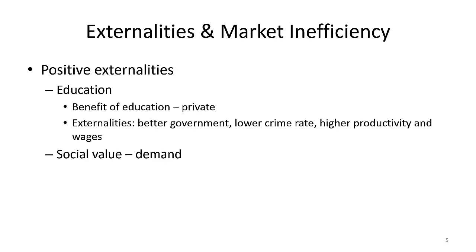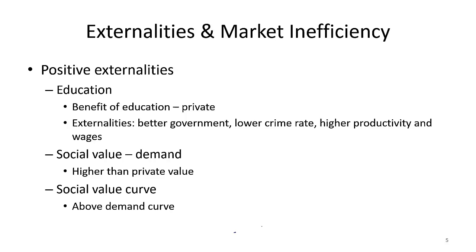So in this case, the social value of the demand curve is higher than the private value. So the social value curve is above the demand curve. Now it becomes clearer when we talk about an example. So let's say positive externality.